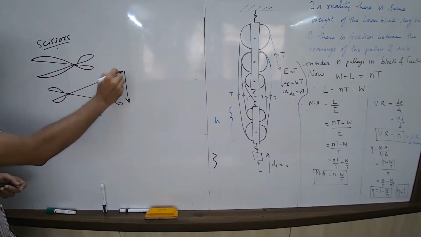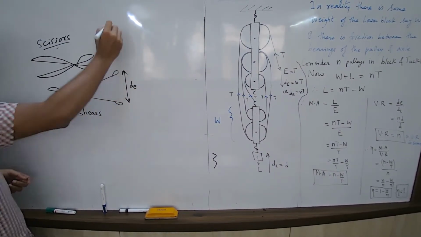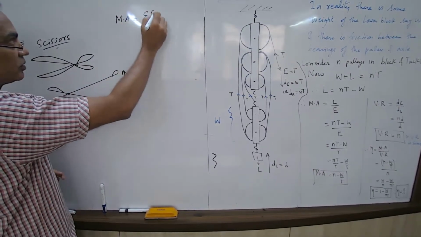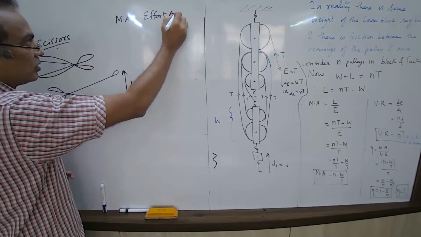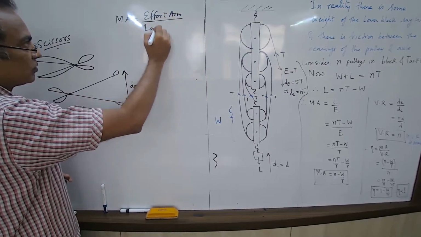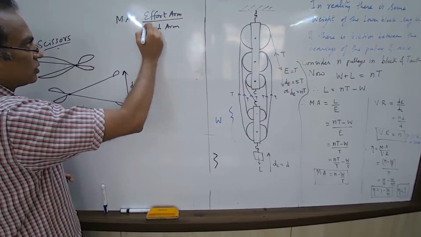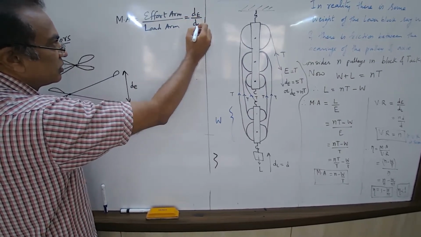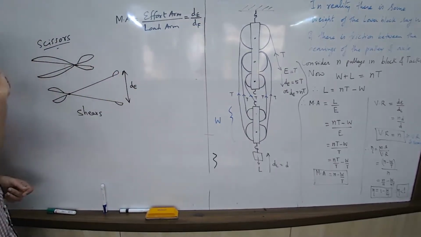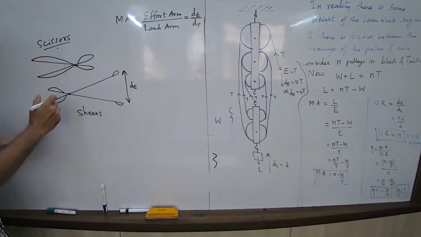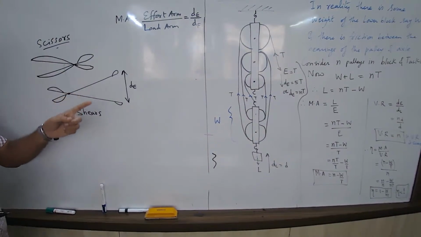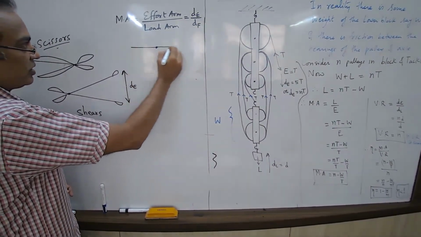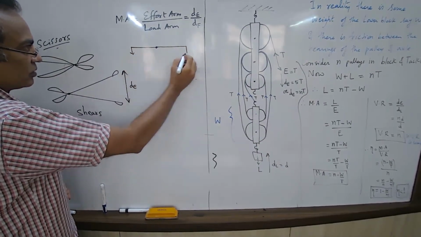Because here DE is greater. So for a machine, what is mechanical advantage? It is effort arm upon load arm. This is what we found out, which we had written in symbols as distance of effort upon distance of load point from the fulcrum. What is DE and DL? Distance of effort.